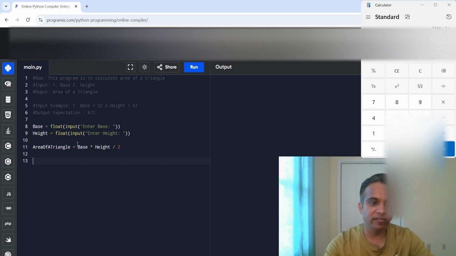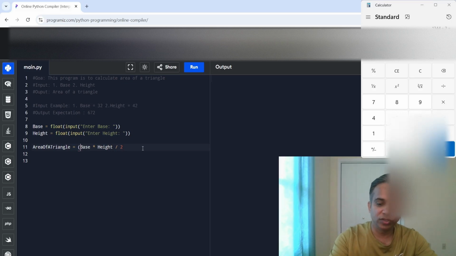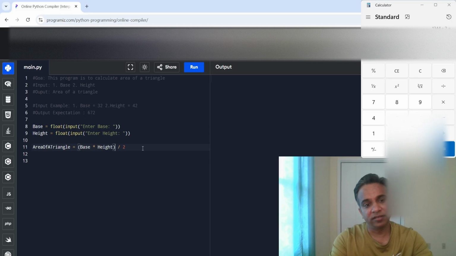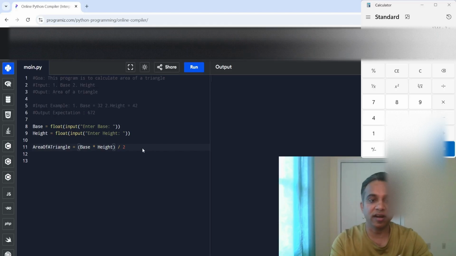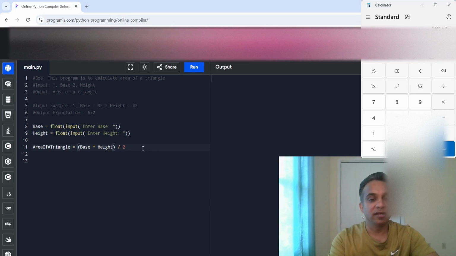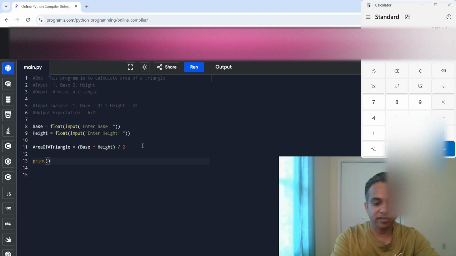That is why we do not need parentheses. That is optional, because base multiplied by height is done first. For readability purposes, it would be good to put parentheses around base multiplied by height, because then it is more readable.